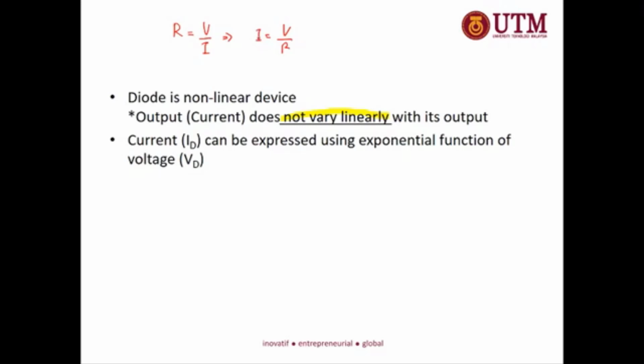When we draw a graph of current versus voltage, we should have a straight line. But in the case of a diode we don't get a straight line, we get a curve. That's why we classify the diode as a non-linear device.